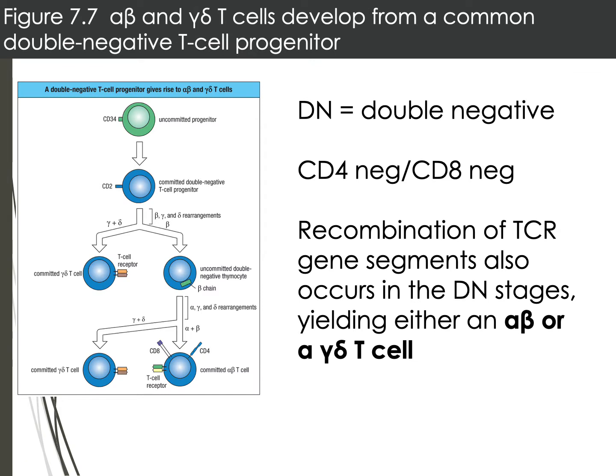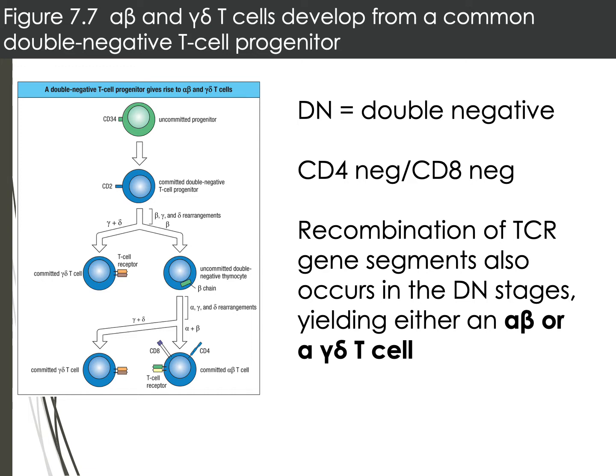So keep in mind that T cells can develop two different receptors, so they can have the alpha beta receptor or gamma delta receptor. So here we have our uncommitted progenitor, our common lymphoid progenitor. It is going to change expression of surface markers.